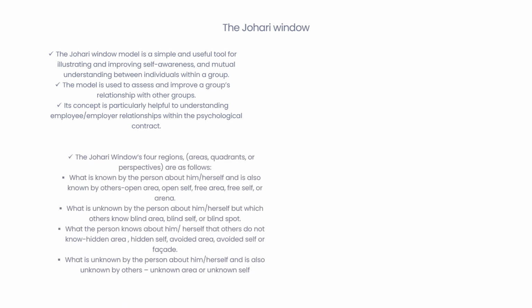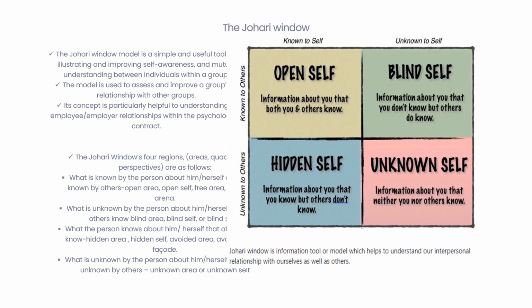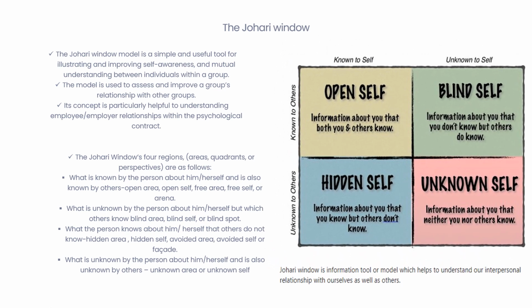The Johari window has 4 regions. We have areas, quadrants, perspectives, which are as follows. Let's see first that table. What is known by the person about himself or herself, and is also known by others, we call it open area, open self, free area, free self, or arena.